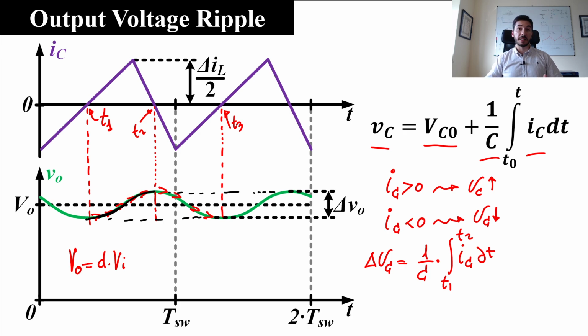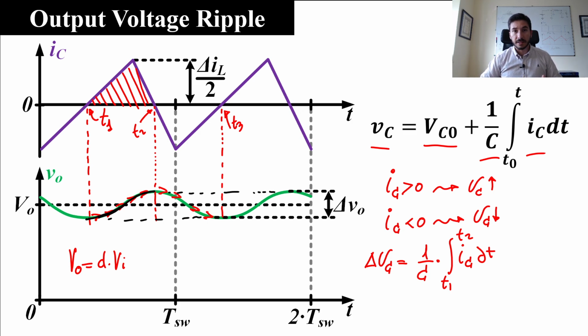And basically, when we do an integral, we are evaluating an area. In this case, we are evaluating this area, because we are considering the integral of the capacitor current between T1 and T2, because it's the interval in which we know that the voltage across the capacitor rises.